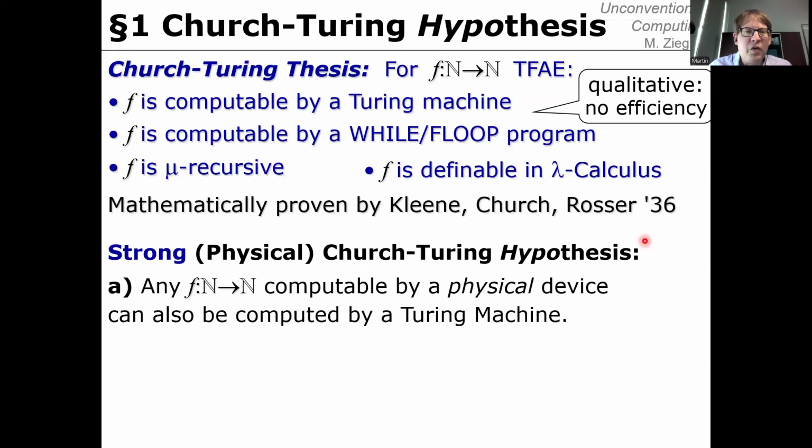And the strong version of this, you see why it's called the physical Church-Turing hypothesis, because it refers to physical devices, and that's why it cannot be proven, because there's no axiomatization of what is a physical device. You recognize one when you see one, right? But there are many open questions about physical devices.